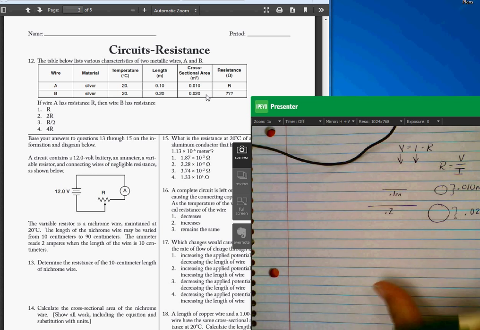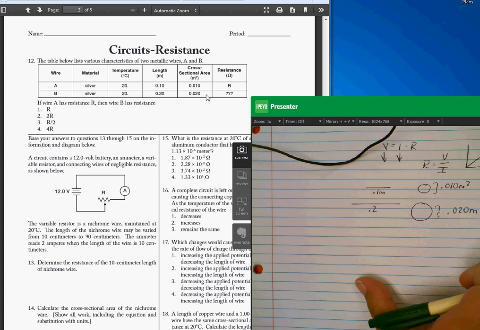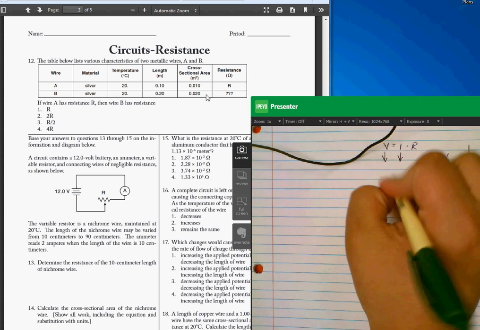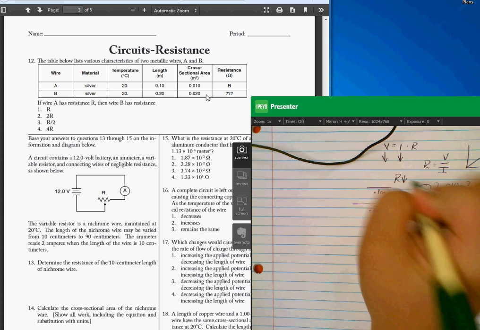So if wire A has resistance R, what will wire B's resistance pretty much be? Well, I've doubled from A to B, but we've got to look at the resistance and what's occurring. If I look at this one, I'm at 0.1 meter, which means I have a fairly low resistance, so I'm just going to put R as low.